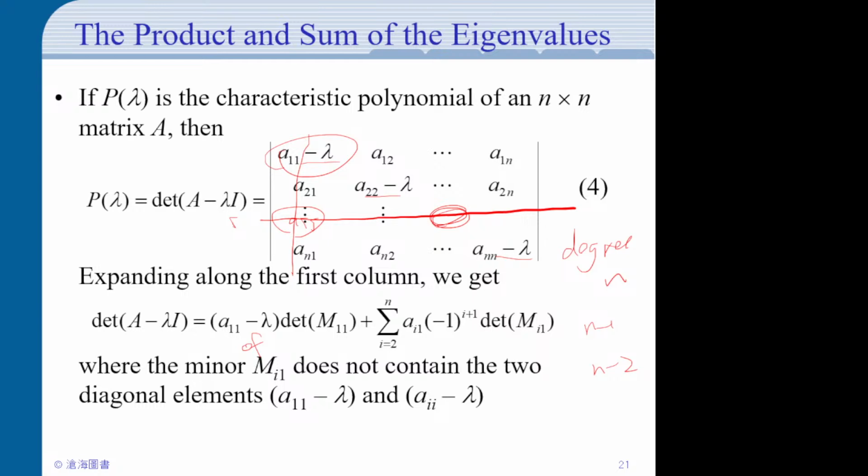The determinant M_i1, this matrix, just doesn't contain these two terms, so you are missing this lambda here and this lambda here. So you are missing at least 2 lambdas, and so all those terms have degree in lambda at most n minus 2.